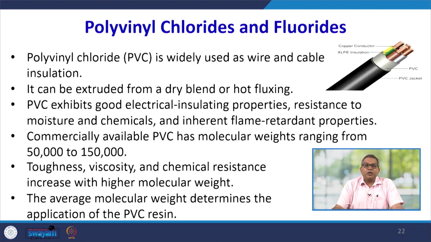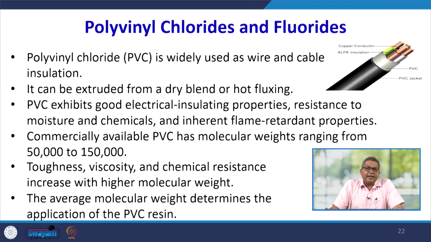Let's talk about polyvinyl chloride and fluorides, PVC and PVF. Now, PVC is widely used as a wire and cable insulation material. It can be extruded from dry blend or hot fluxing.